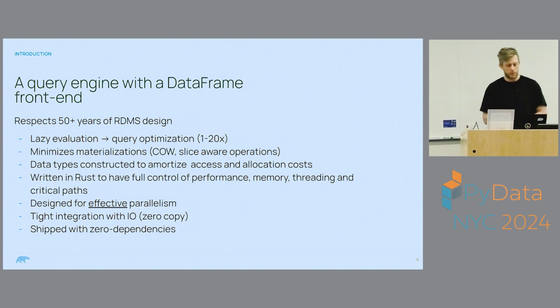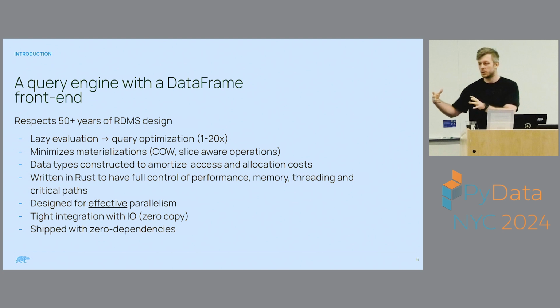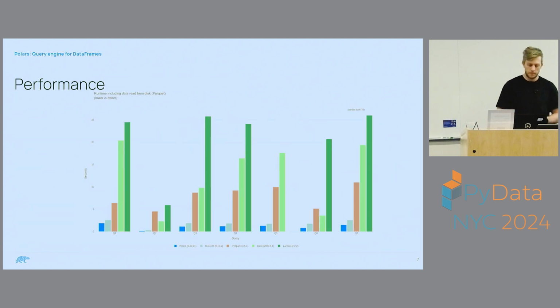It's designed for effective parallelism. We have tight integration with I/O. Actually, the I/O we care about, we implemented from scratch. We have our own Parquet readers, we have our own CSV readers, we have our own Arrow readers, and we ship with zero third-party dependencies. So it's all in our binary.